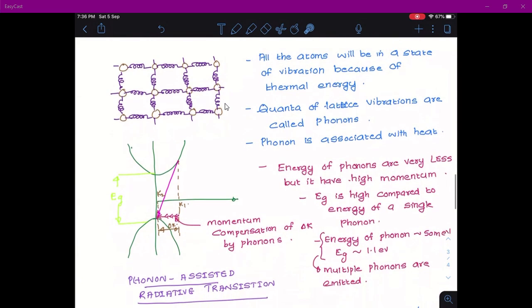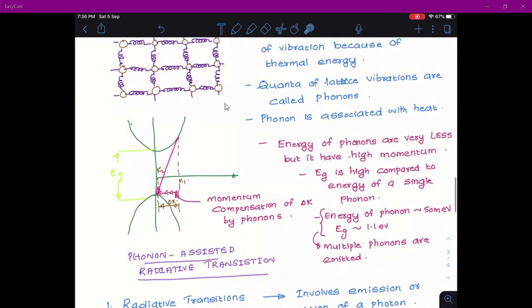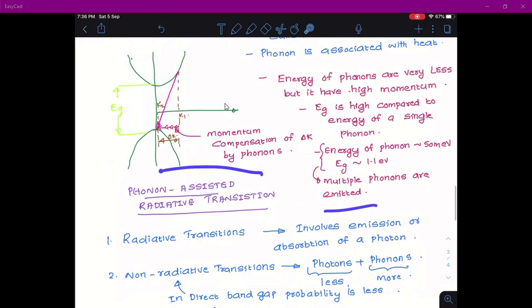The energy of a phonon is very low, but it has a high momentum, while the energy of a photon is very high but it has a low momentum. So when you compare the energy levels of a phonon and the band gap, if the electron jumps obliquely, then a large number of phonons will be emitted. This is called phonon assisted radiative transition.